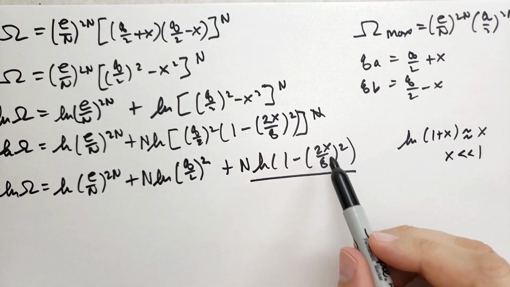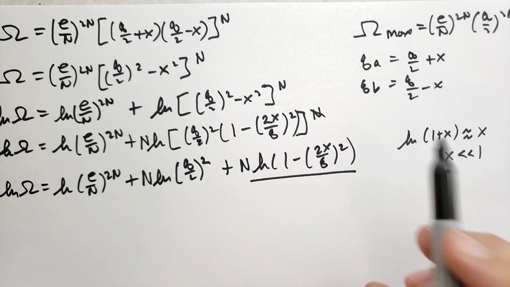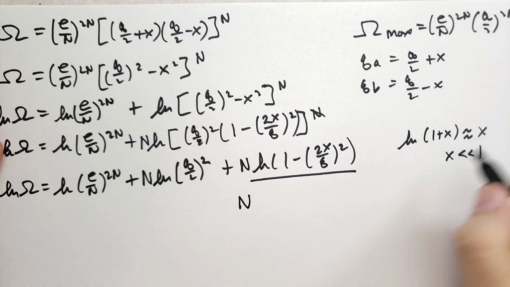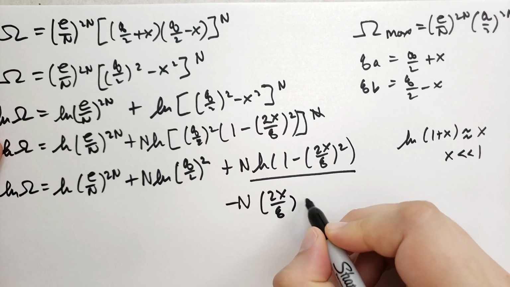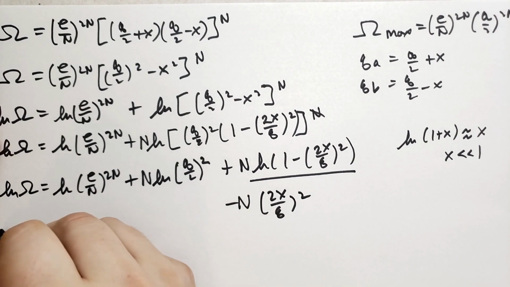In this case, we have a very small change compared to the total energy. So this is going to be minus n times (2X/Q)^2. And all of this stays the same.